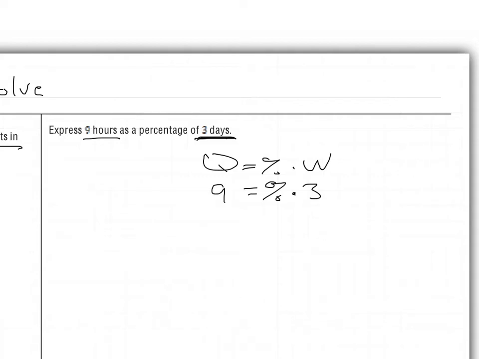The quantity is 9. Divided by 3 tells me the percent is equal to 3, but it's not 3% because we see that this is 3 times greater. So this is way more than 100%. So we have to move the decimal 2 times. That's going to give me 300%.